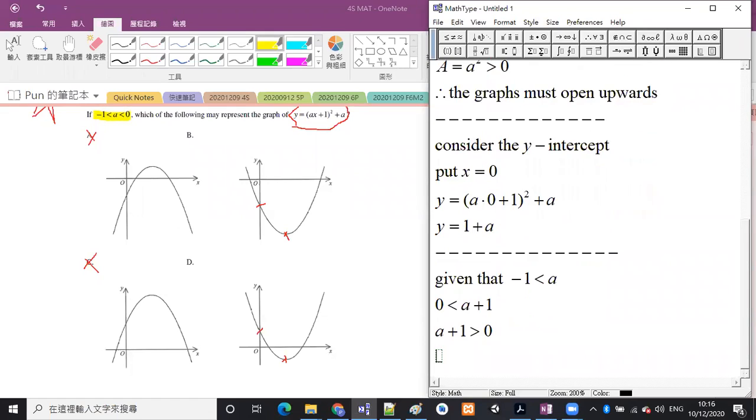Which means that our y-intercept should be larger than 0. Can you see this? Because we have already found that the y-intercept is equal to 1 plus a. And now from the question, we know that 1 plus a or a plus 1 should be larger than 0. So the y-intercept should be larger than 0. Which means that the answer is option D.